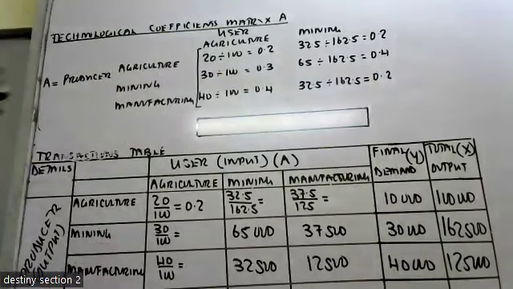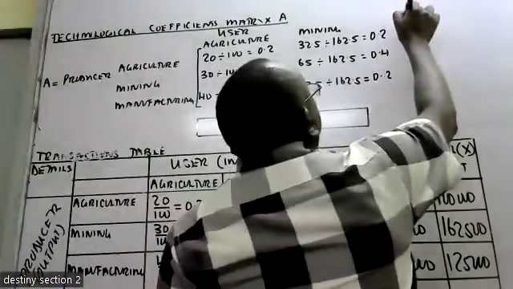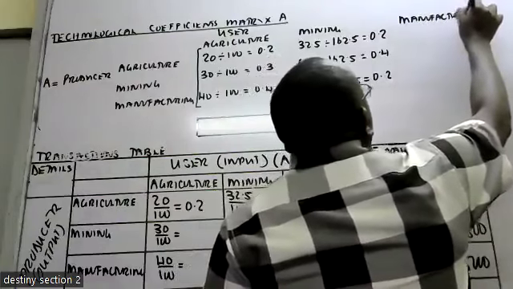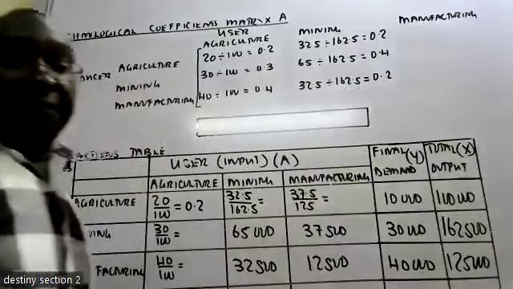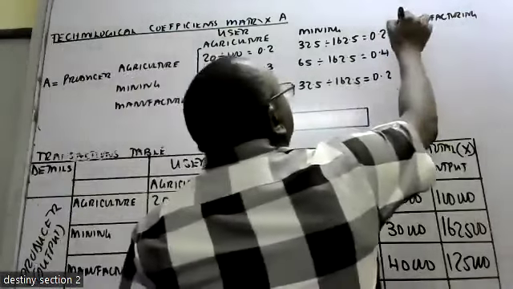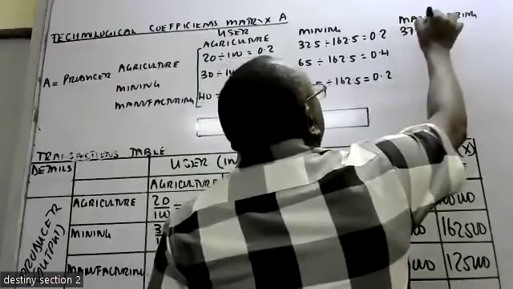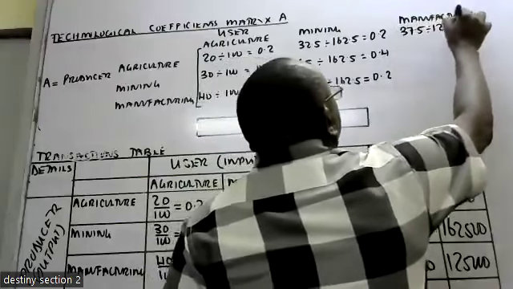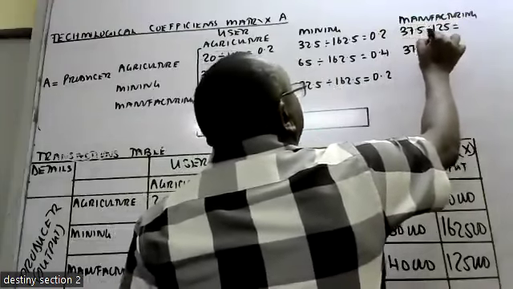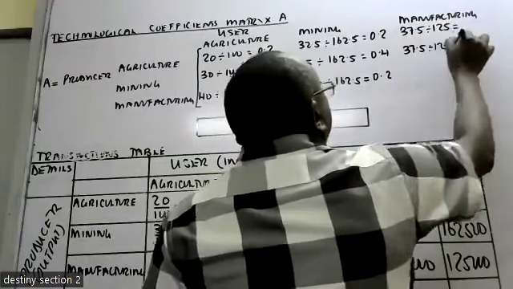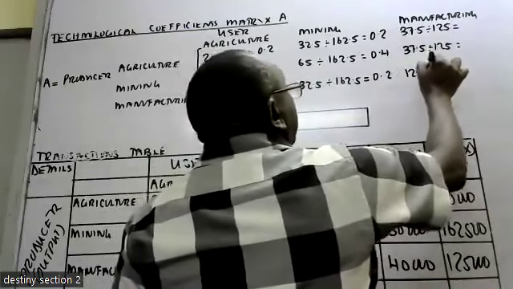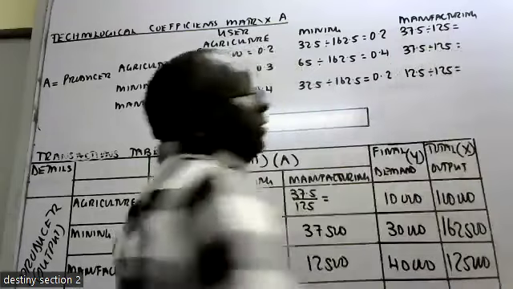The last one, the manufacturing. Manufacturing, we do the same. It will be 37.5 to divide by 125. 37.5 to divide by 125. 12.5 to divide by 125.